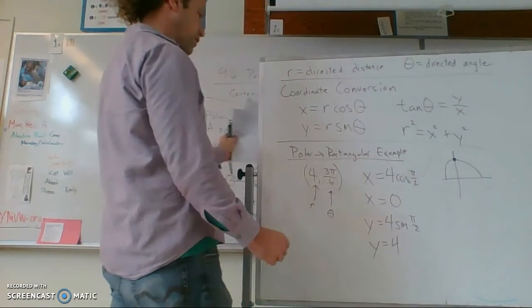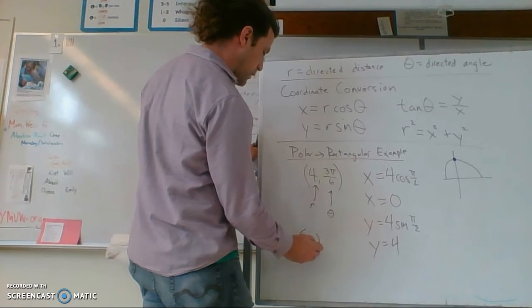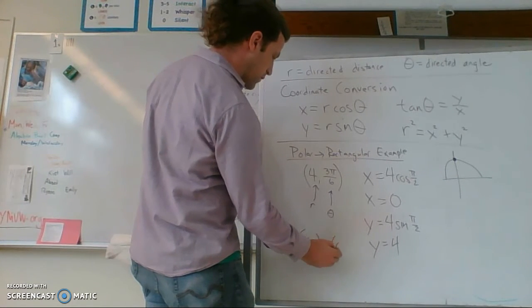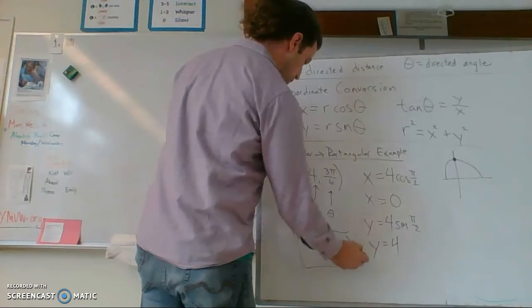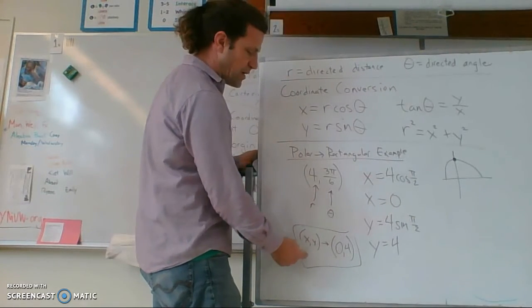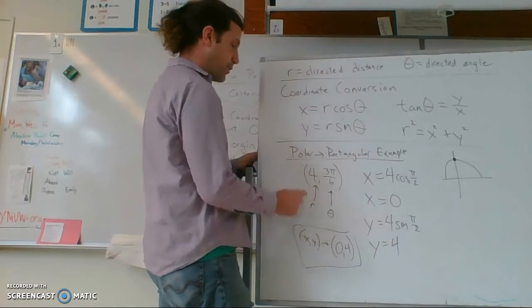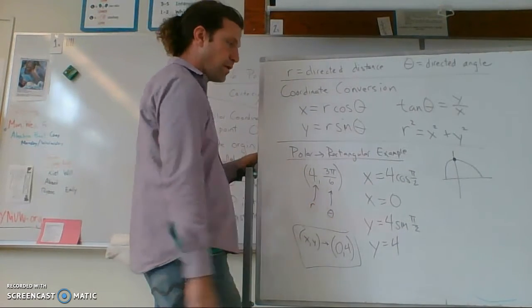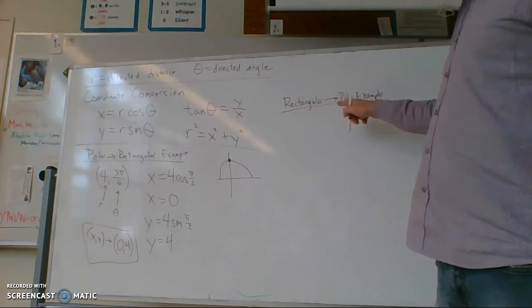So our xy coordinate is 0, 4. This is not any kind of normal notation. That's just me reminding you that this is rectangular, whereas this is polar. All right. Now let's go rectangular to polar examples.